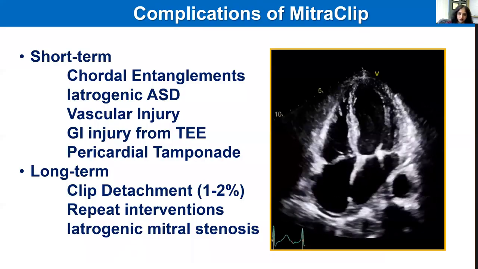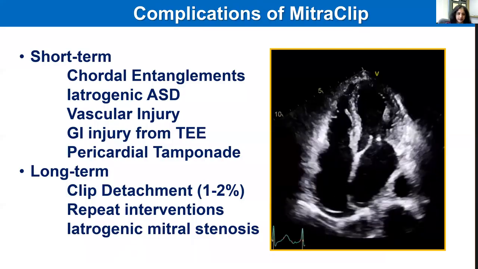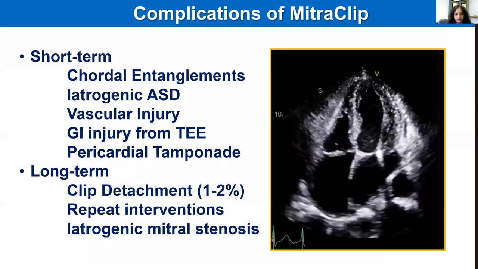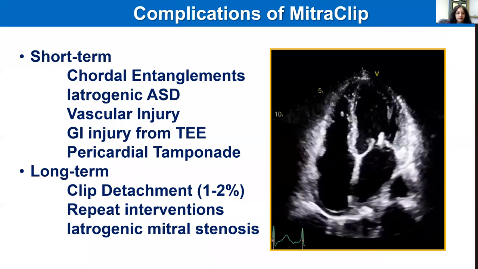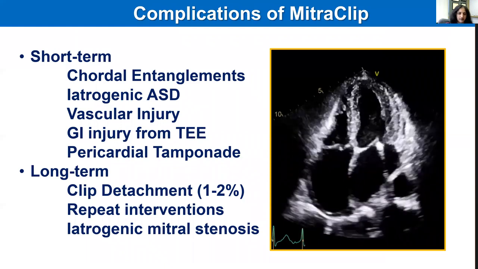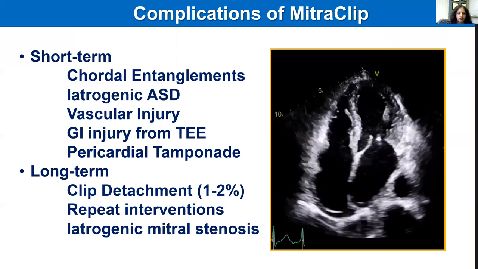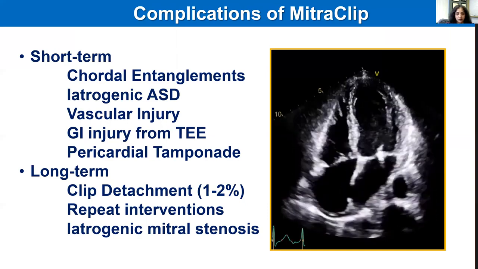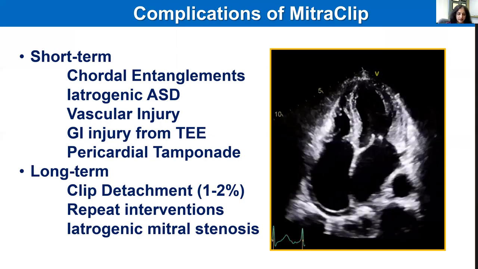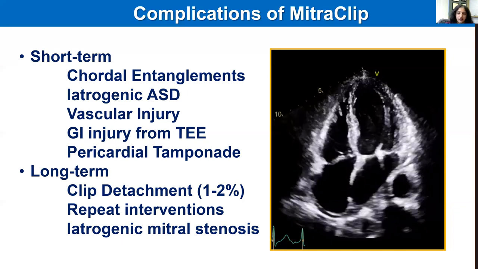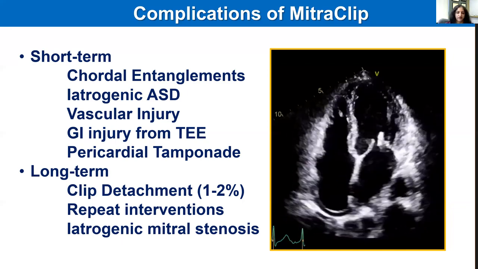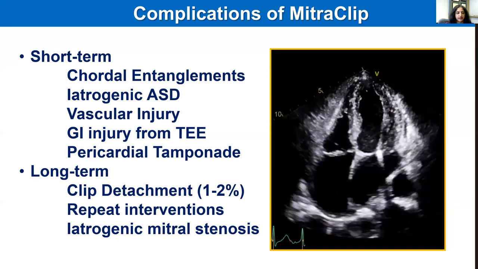The complications of mitral clip are the complications of transseptal access, chordal entanglements, as we saw. Anything where you have a vascular stick can lead to vascular injury, although it's much less likely with a venous stick. GI injury from TEE, particularly from a longer procedure. And as I said, anytime you have catheters in any of the cardiac structures, you have that potential for pericardial tamponade.